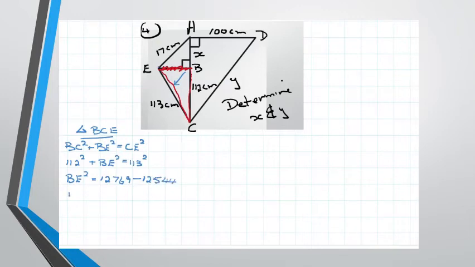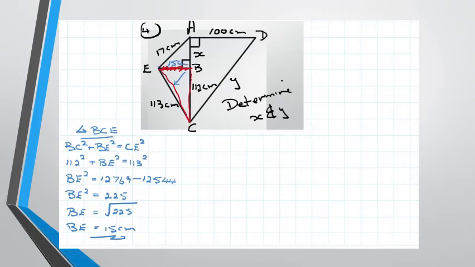If I'm going to subtract those two values now, it's going to leave me with an answer of 225. Remove the square on the left, meaning square root on the right. And that's going to leave me now with our answer BE to be 15 centimeters and I take it and I put it immediately in my sketch.